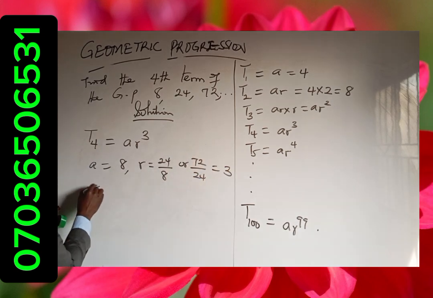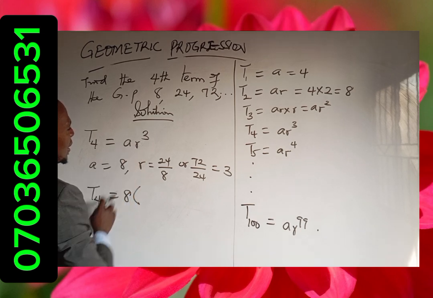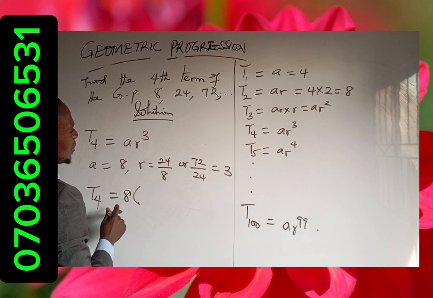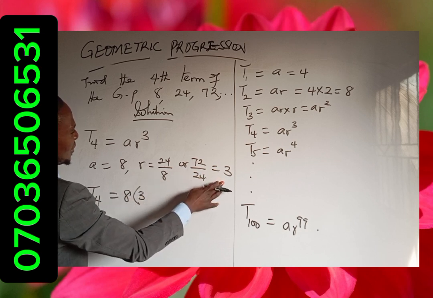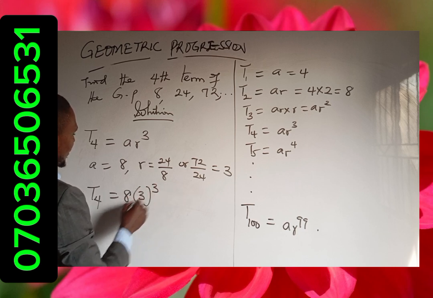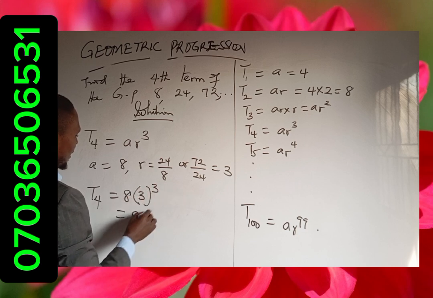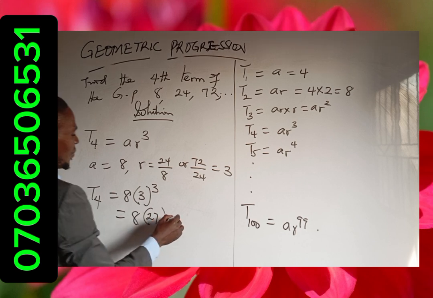So T4: A is 8, R is 3. 3 raised to power 3 is 27. This is 8 times 27.